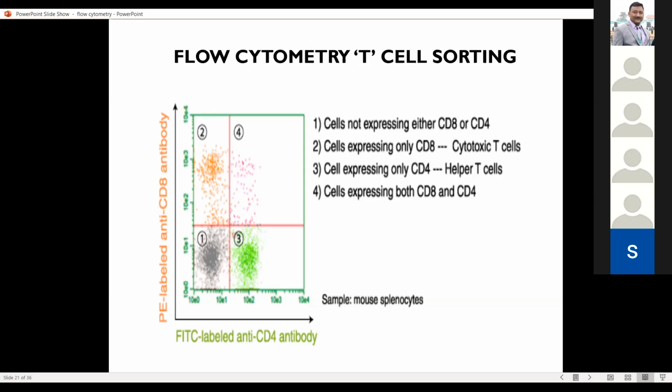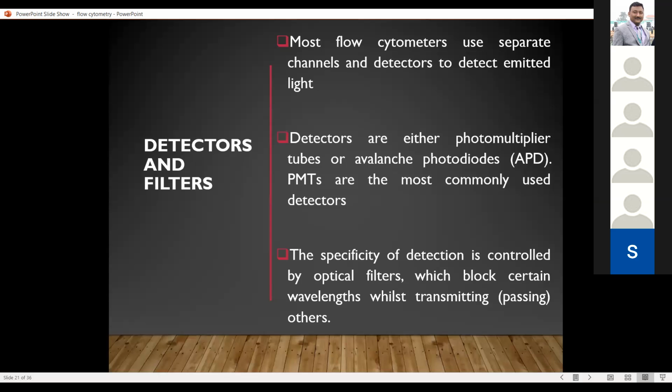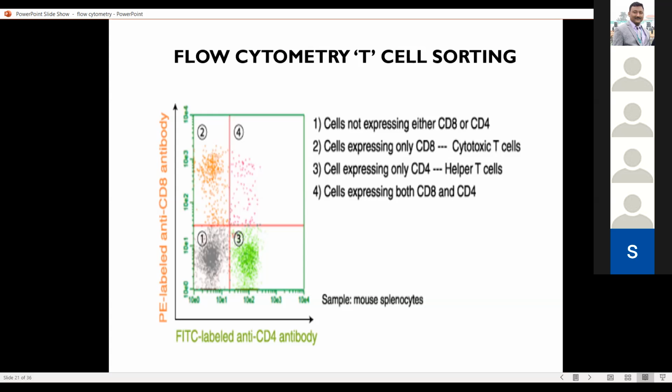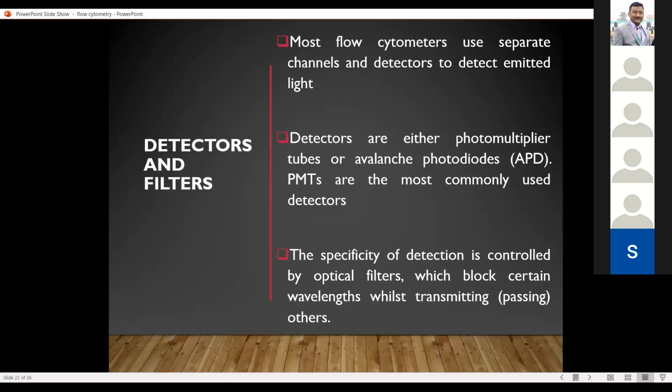In this we are using fluorescent antibodies tagged to different fluorophore molecules, and these fluorochrome conjugated antibodies bind to different cells and form four different kinds of populations. These samples have been taken from mouse.